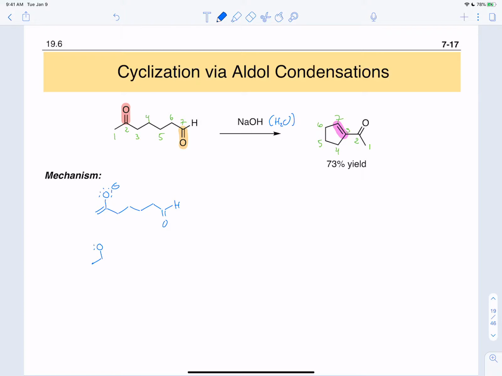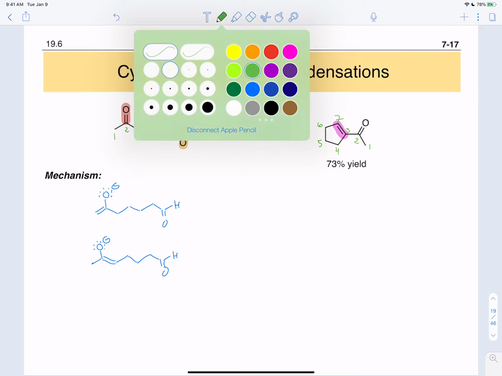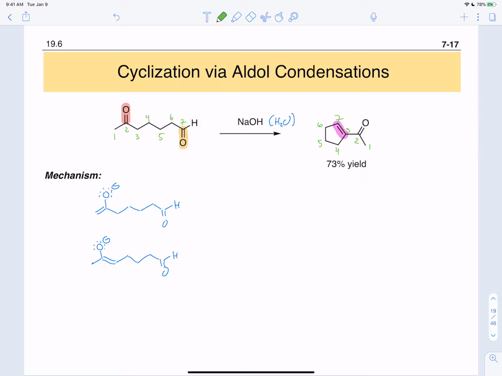Which means this had to have come from this enolate reacting with the aldehyde. So if we go back to numbers, this was carbon number 3, this is carbon number 7, and this is the reaction that takes place that will lead to the product.